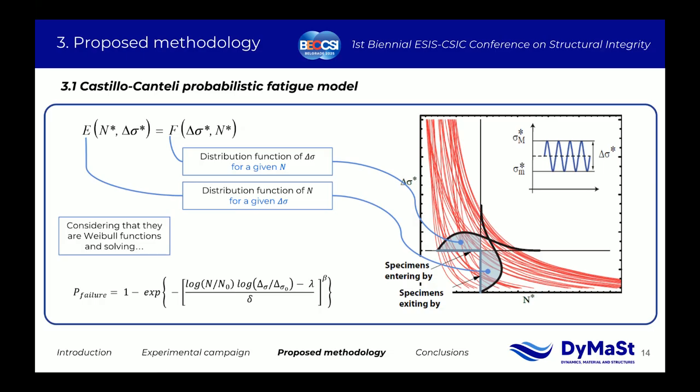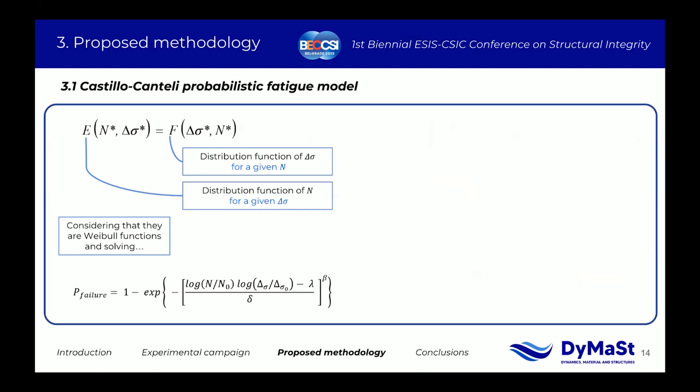These compatibility conditions lead to a functional equation. But if we assume that these distributions are Weibull distributions, we can solve the equation and obtain the analytical formulation of the model that I show you in the slide.